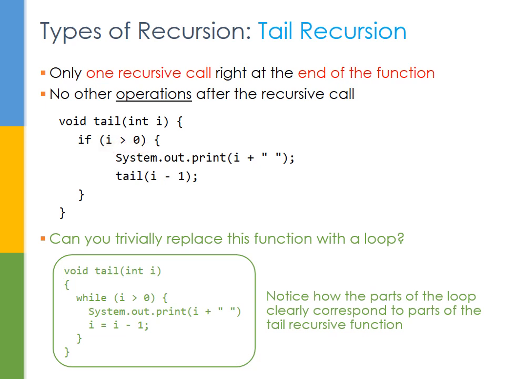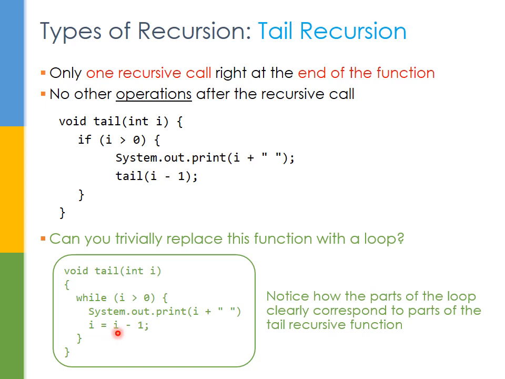And here in our loop implementation, we have a while loop that tests the same condition, whether I is greater than 0. We also have our output statement over here, which is exactly the same in our recursive function compared to our loop implementation over here. And then at the bottom of our tail recursive function, we have a call to tail itself, and we then pass through as a parameter I with 1 subtracted from it.